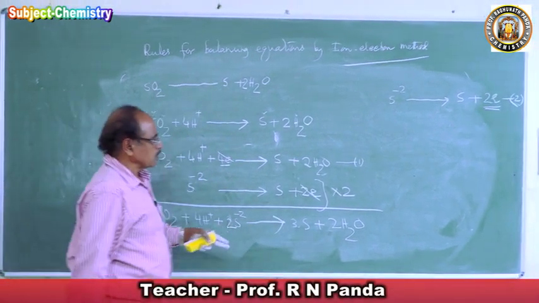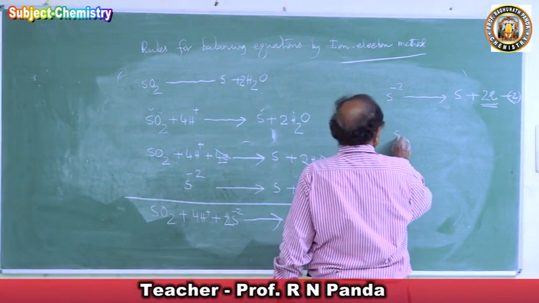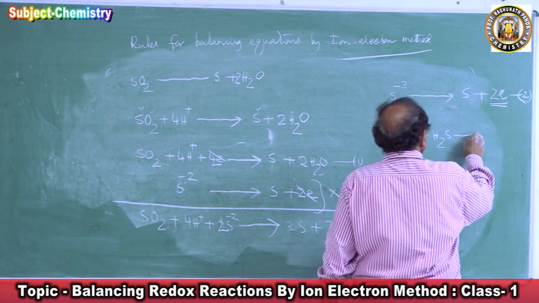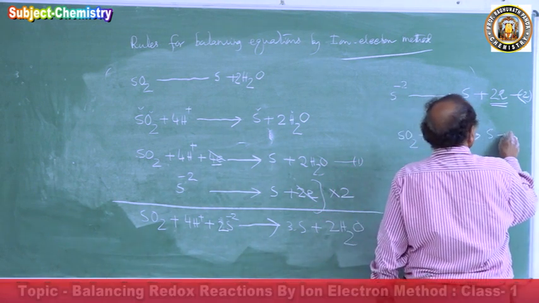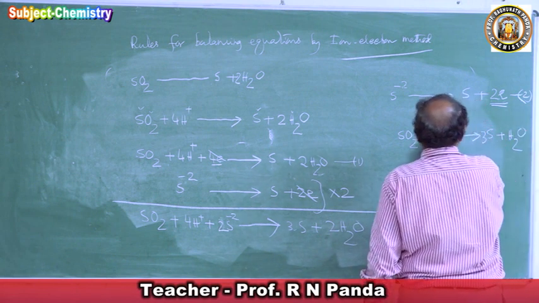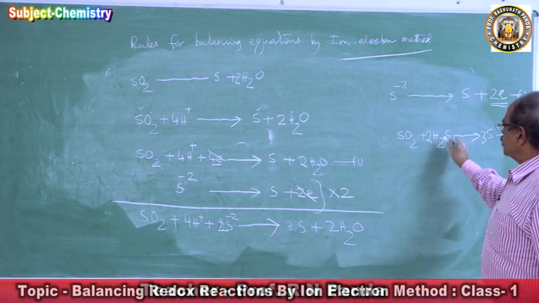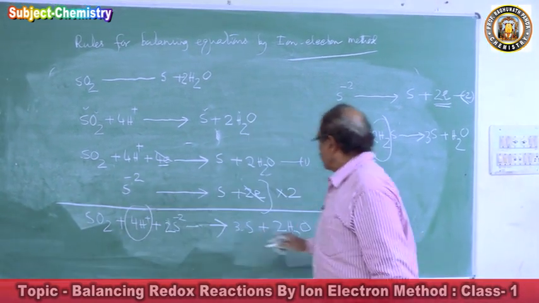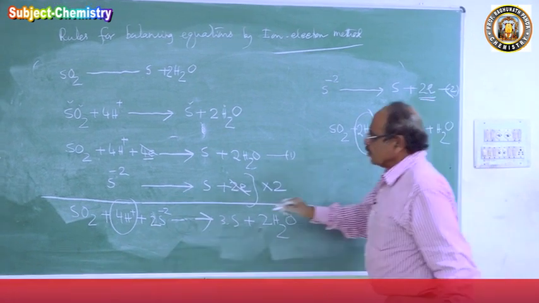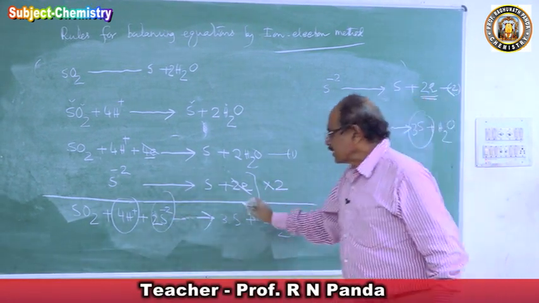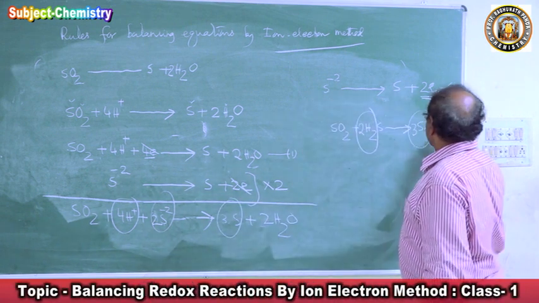If you compare with the equation SO2 plus H2S forming sulfur plus water, here you have 2 H2S, 4H+, 2S-2 and 3S, and we have 2 water here also.